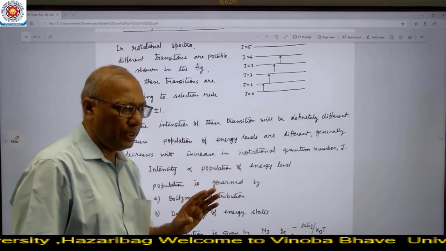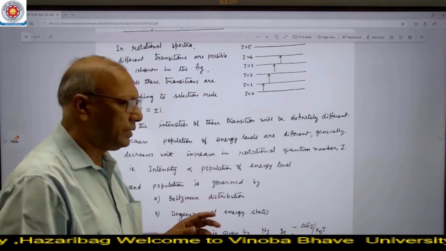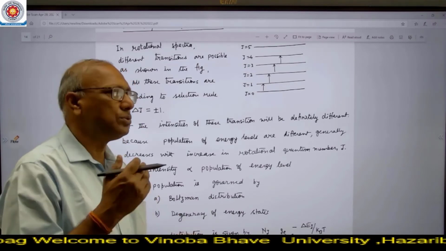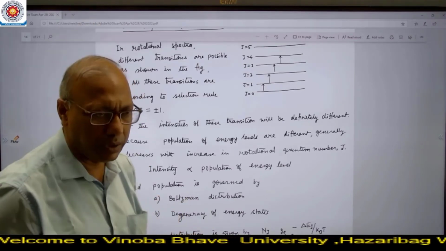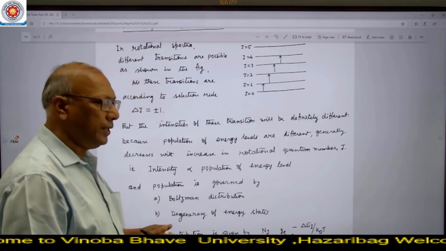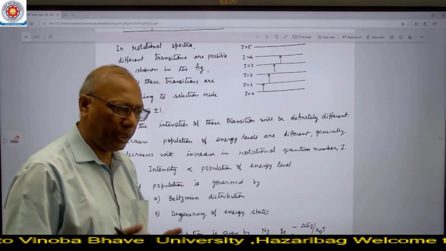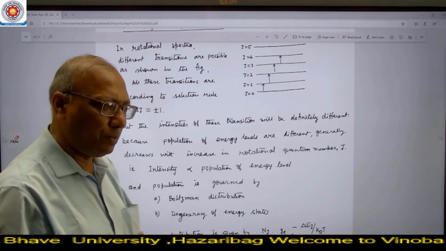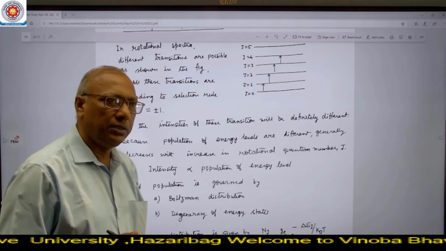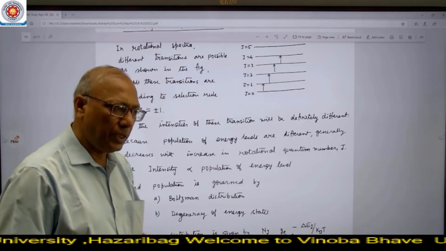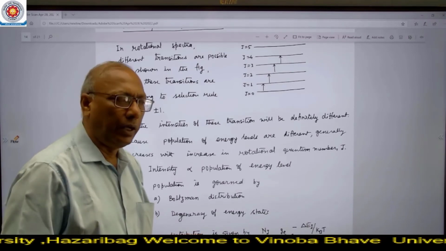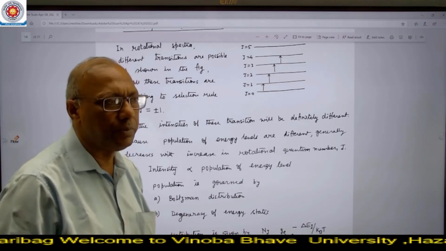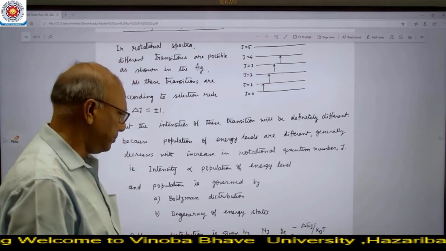If a particular energy level is highly populated, then there is a chance of transition of those particles from the lower energy level to the upper energy levels, and the intensity will be more. But if the population of a particular energy level is low, that is, the number of particles in it is low, then naturally there will be fewer transitions, and the resulting line in the spectrum will have low intensity.